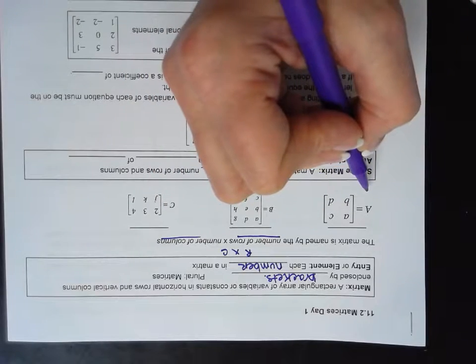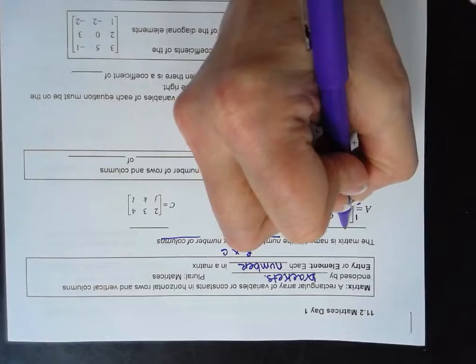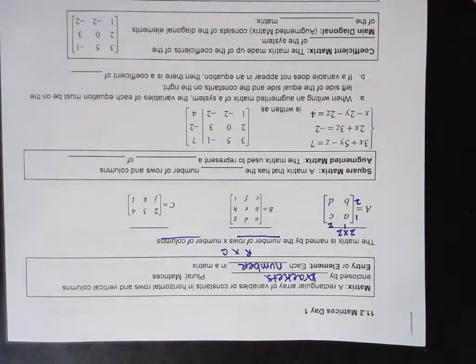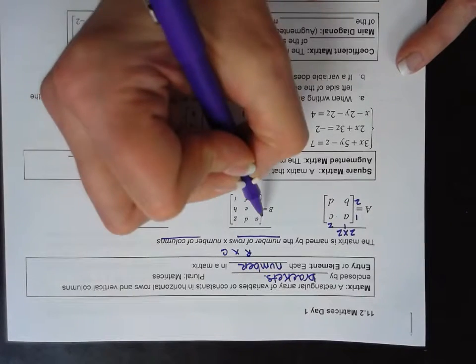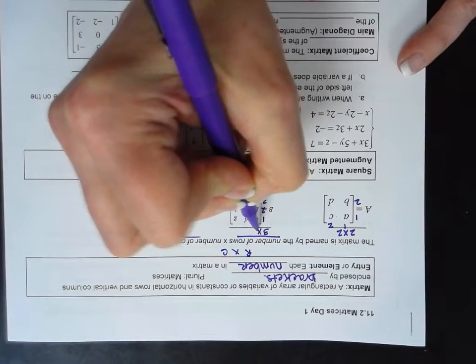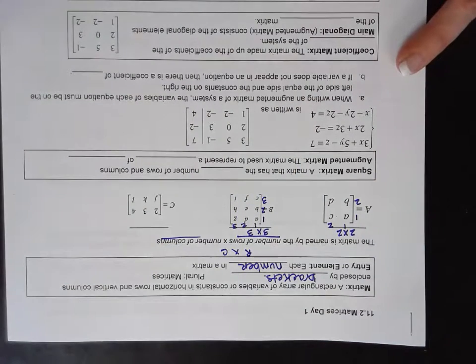So matrix A has 2 rows and 2 columns, so it's a 2 by 2. Matrix B has 3 rows and 3 columns, so it's a 3 by 3.